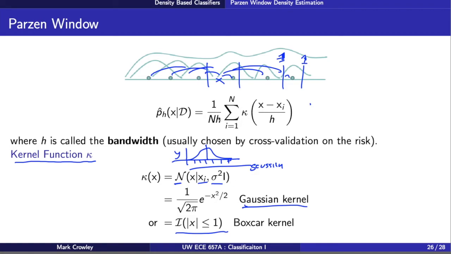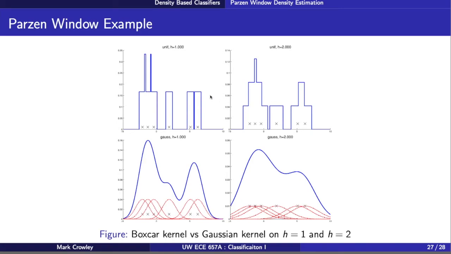Then we do the same thing as in k-means, where whatever number we get out of this is going to be more of a continuous number. It might take contributions from multiple near-ish points, and maybe only some portion of them because it's using a Gaussian. We sum those together and normalize by the number of points, but also by this bandwidth h, which tells us how big our view is.